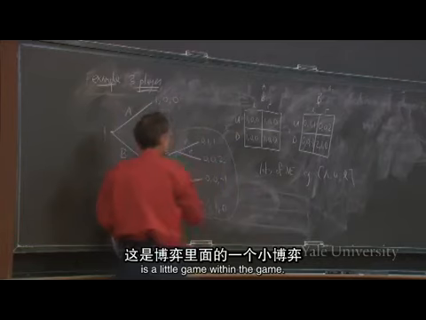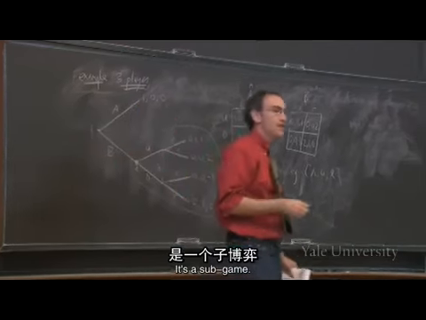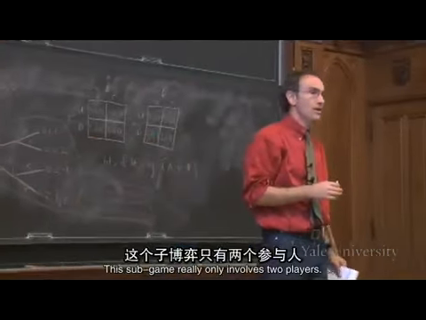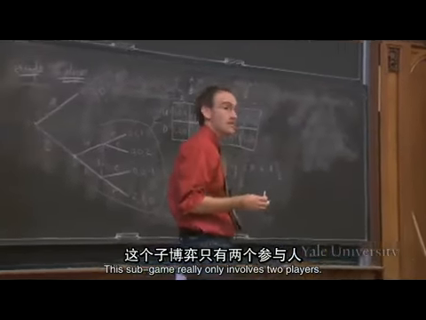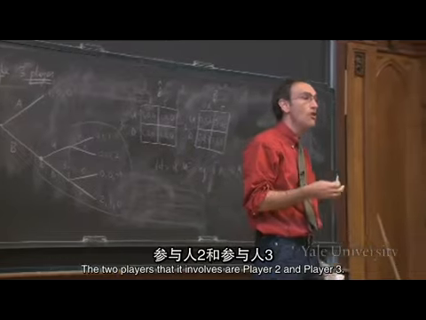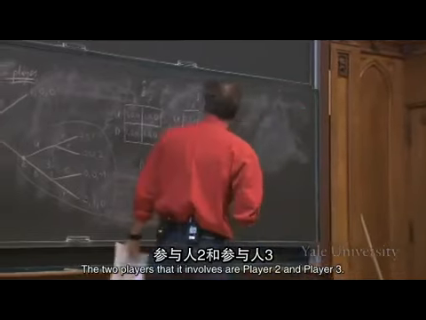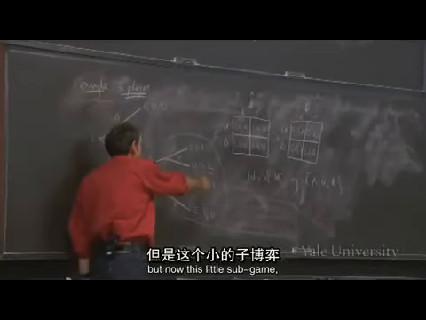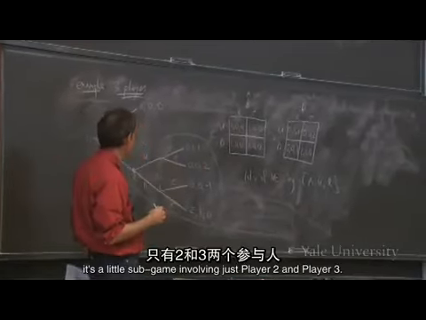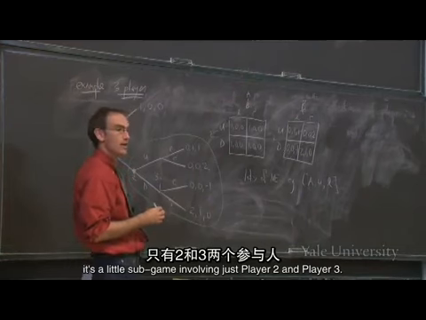This thing here is a little game within the game. It's a subgame. And this subgame really only involves 2 players: player 2 and player 3. Player 1's done. Player 1's put us into this game. But now in this little subgame, it involves just player 2 and player 3.